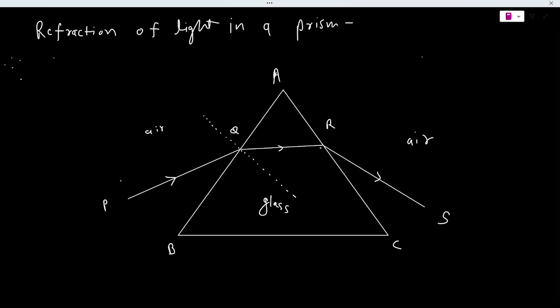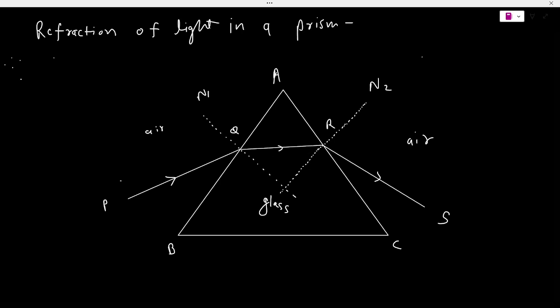Okay. Now this is again the normal at point R. We have two normals, N1 at point Q and N2 at point R. So when light travels from air to glass at point Q, it will bend towards the normal.